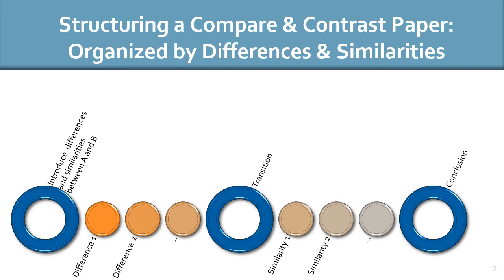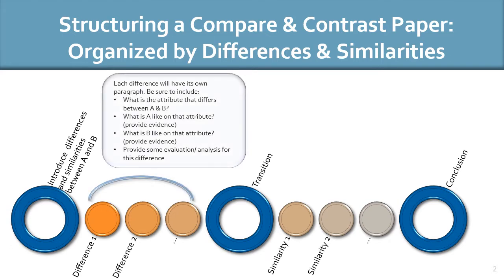In the introduction, you'll introduce differences and similarities between the two things, and then you'll have a paragraph for each difference. So each difference will have its own attribute. What is the attribute you're comparing these two things on? For example, with apples and oranges, you can compare the colors of the fruit.